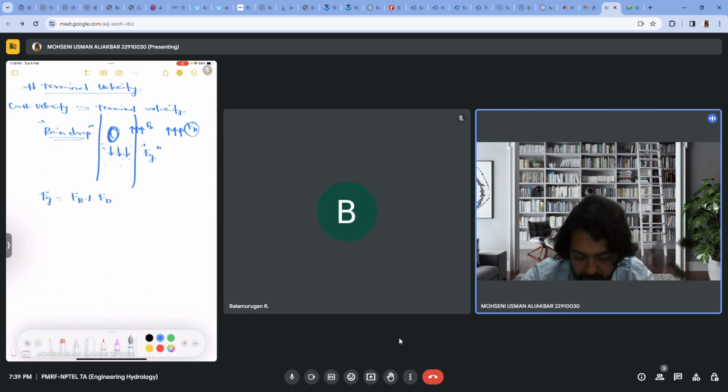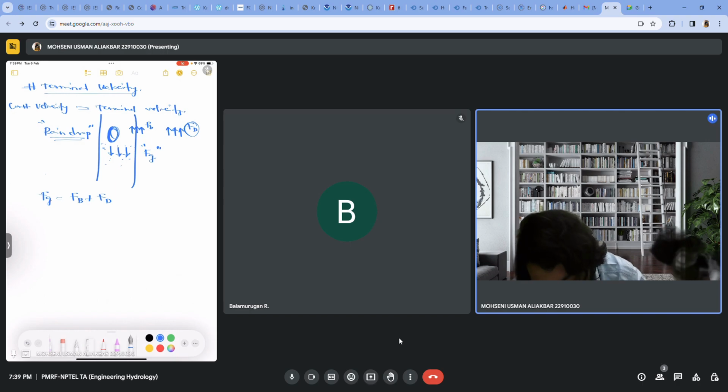So we need to know the equation for each of these terms. Force means what? How can you derive force? We can simply write the equation for Fg. Fg is nothing but density of water multiplied by volume. Volume of a sphere is pi/6 of d cube. So this is the gravitational force.